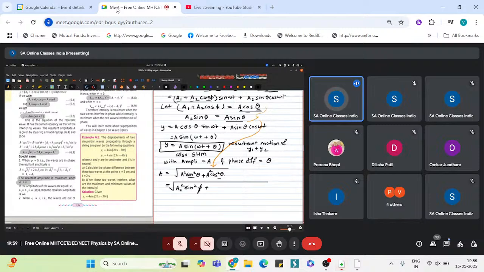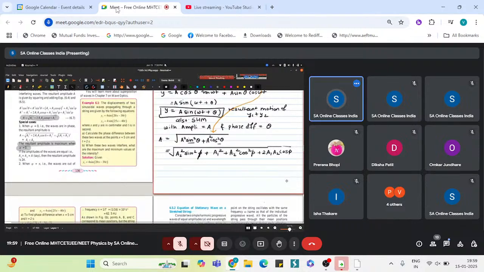And then A square cos square theta is just the square of this whole term, which is A1 square plus A2 square cos square phi plus 2 A1 A2 cos phi. We have just opened the (a plus b) bracket square. Now again we have A2 square sin square phi and A2 square cos square phi, and their addition is going to be 1.